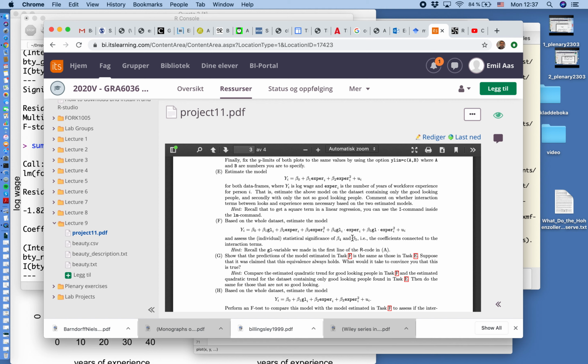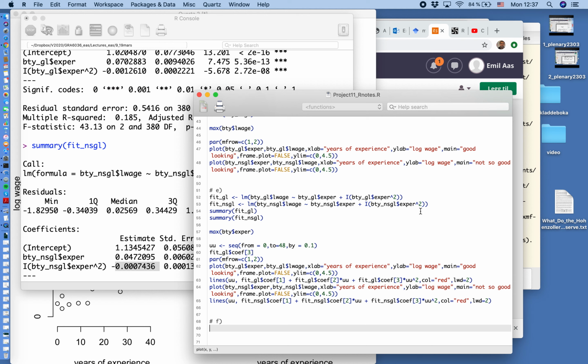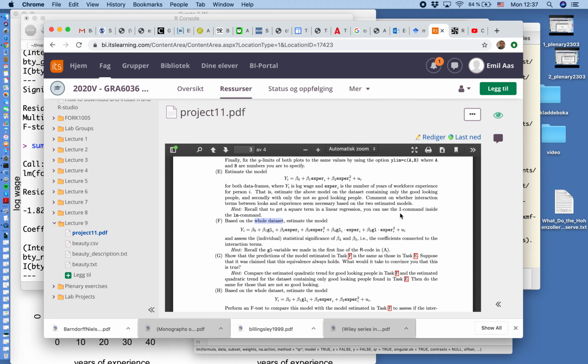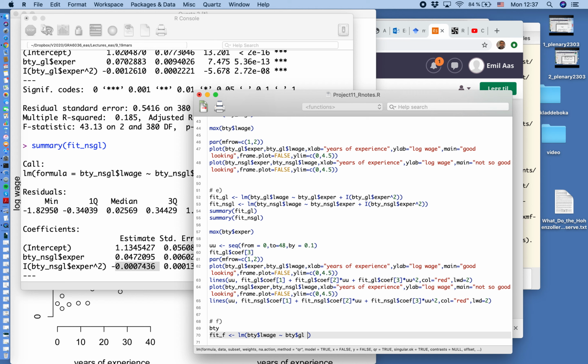So we are to fit this big regression model to the whole data set. That's what we called BTY in the script. And so let's call that fit F. So to remember that it's exercise F, when we do BTY log wage, then it's BTY GL, and then plus BTY expr plus BTY expr squared.